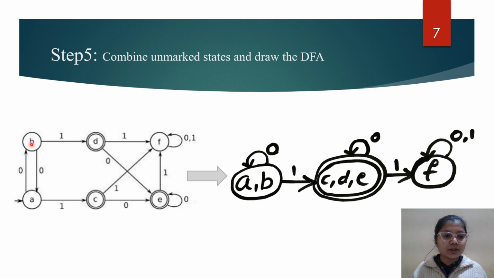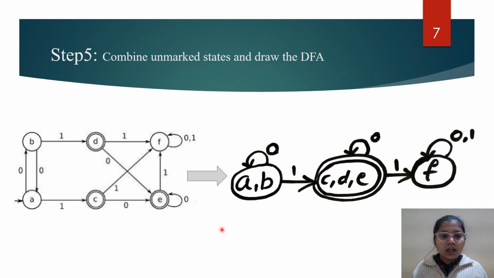B on giving 0 goes to A. Since we have already done the loop, no need to do one more. B on accepting 1 goes to D, which we have already done for A, so no need to do it one more time.